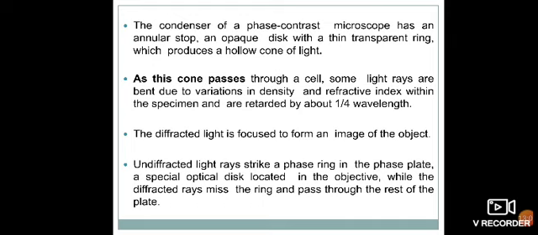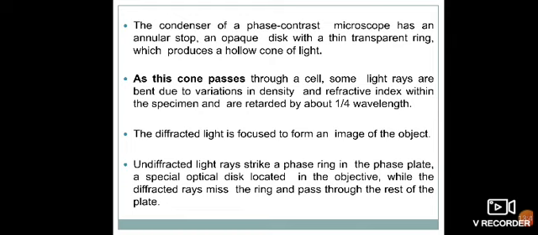Then as that thin cone passes through the cell, some light rays are bent due to the variation in density and refractive index within the specimen, and are retarded by about 1/4 wavelength. But obviously, if we are concentrating the light, only a small amount of light will be passed through that ring.